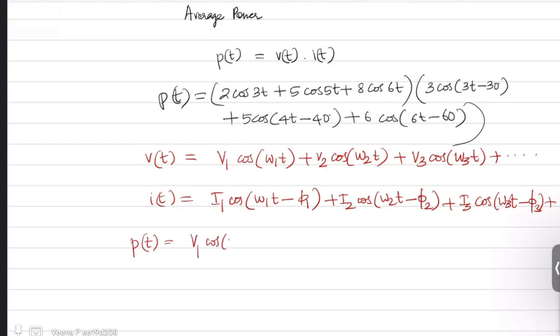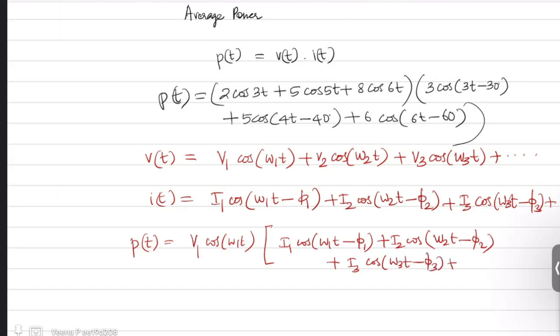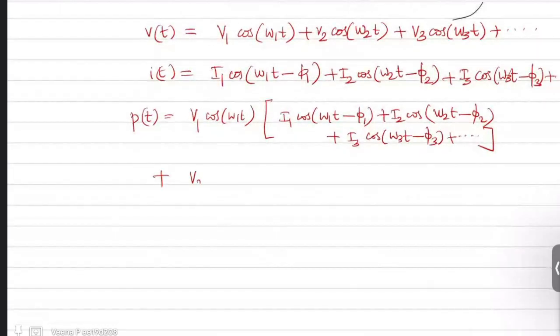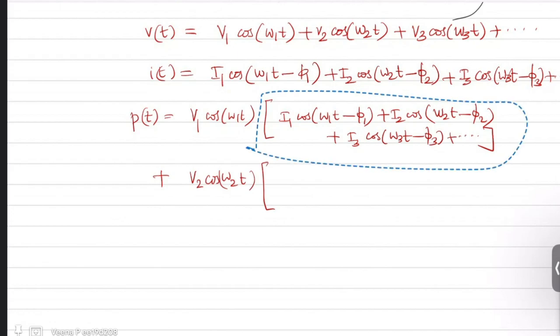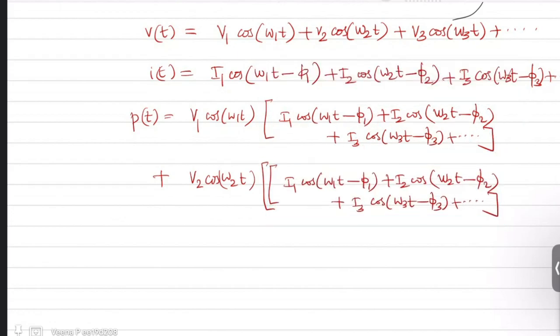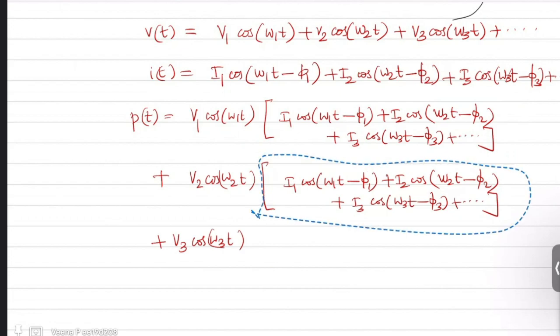So I multiply V1 cos omega 1t with your current, I1 cos(omega 1t minus phi 1) plus I2 cos(omega 2t minus phi 2) plus I3 cos(omega 3t minus phi 3) plus so on, plus V2 cos omega 2t into this whole thing, plus V3 cos omega 3t into the same current.